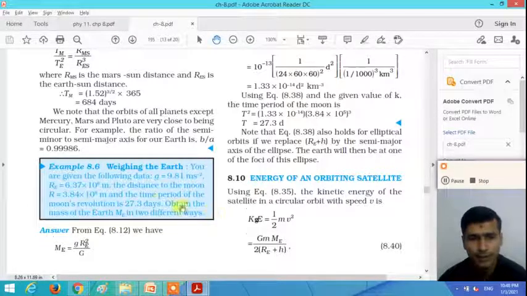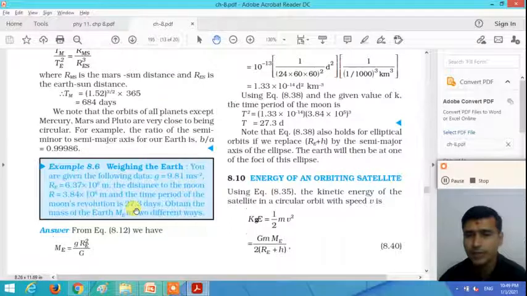How can you obtain the mass of the Earth? Given that the acceleration due to gravity is small g 9.8, the radius of the Earth Re is given to you, the distance to the moon, capital R, is equal to 3.84 into 10 raised to 8 meter, and the periodic time of the moon is given.